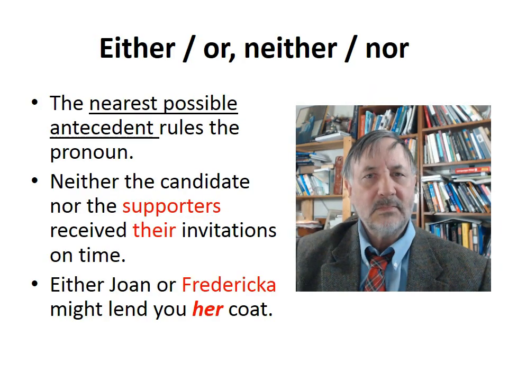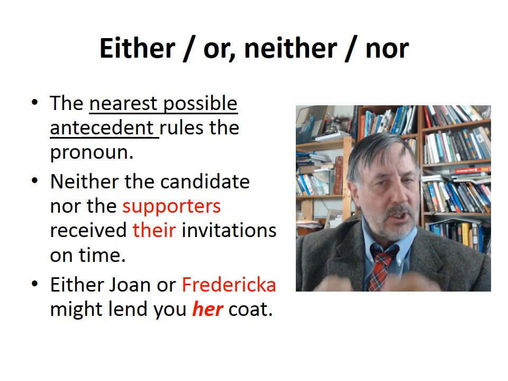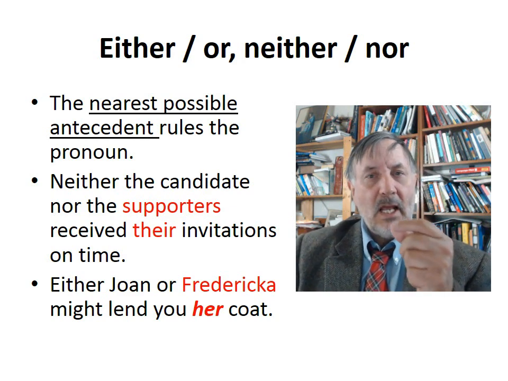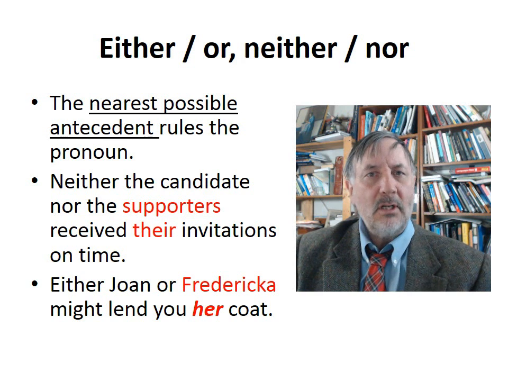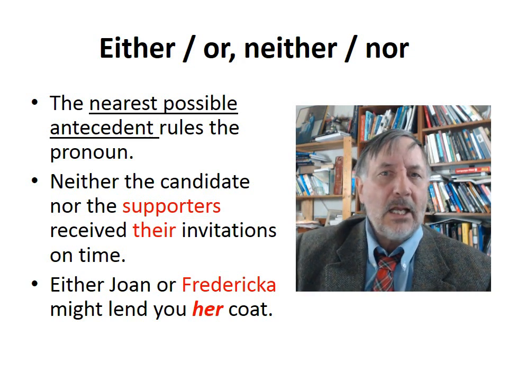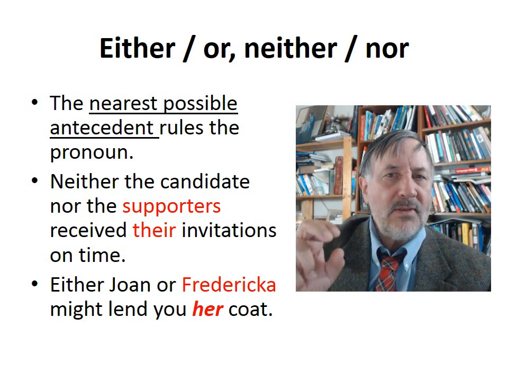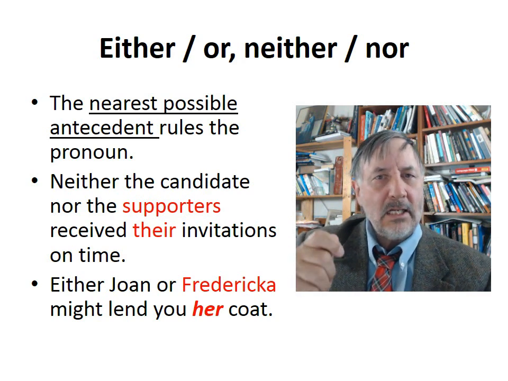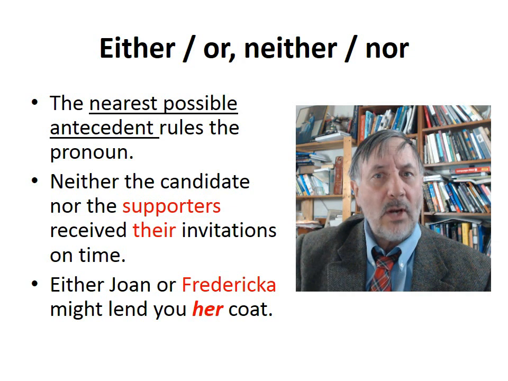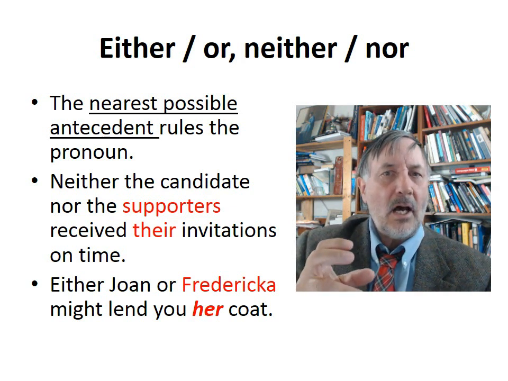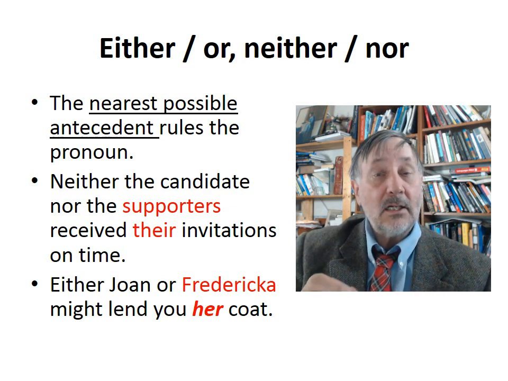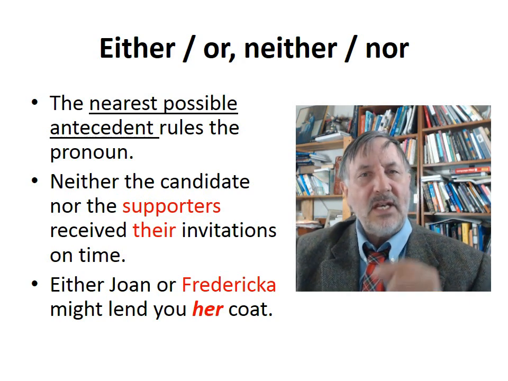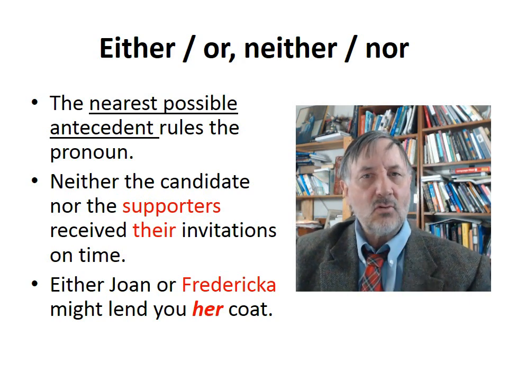If you remember back to when we were talking about verbs, and verbs in particular using the or, you'll remember the rule, the nearest possible subject. Well, the same type of rule governs pronouns that involve the construction ruled by or. Okay, so the nearest possible antecedent rules the pronoun.